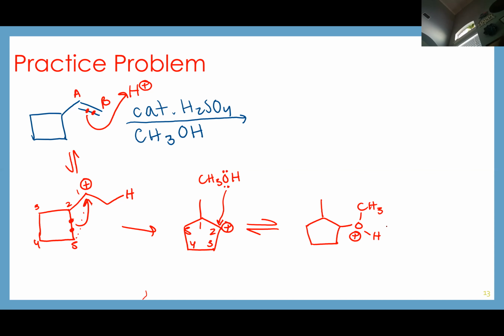Okay, and then what happens next? So remember, this is not different from the reaction with water. We just put in an alkyl group in the place of a hydrogen, right? So what's going to happen next?